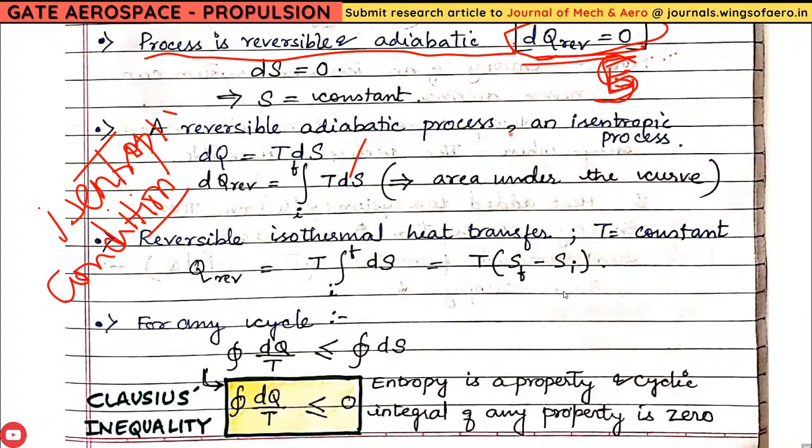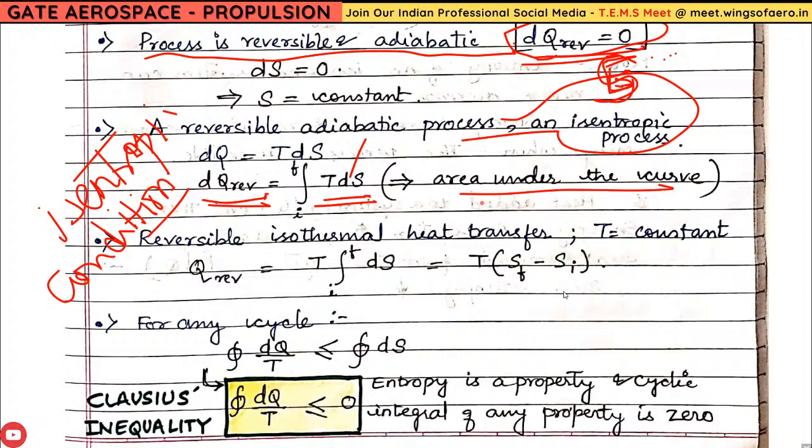Now, here I have written: remember, it is an isentropic relation. To find out the amount of heat, the area under the graph between T versus change in S will be the heat.